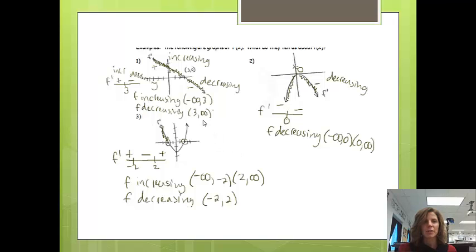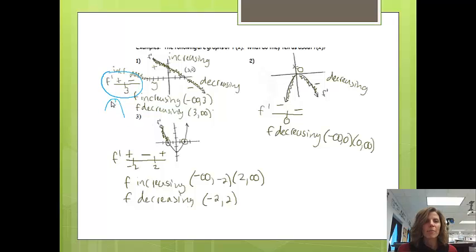Okay, you'll notice actually this example came from the previous PowerPoint. We were looking for increasing and decreasing, and I was looking for the derivative, and I'm just going to stick with this derivative chart right here. We knew when the derivative was positive, the function was increasing, so the function was going up, and then after 3, the derivative was going down.